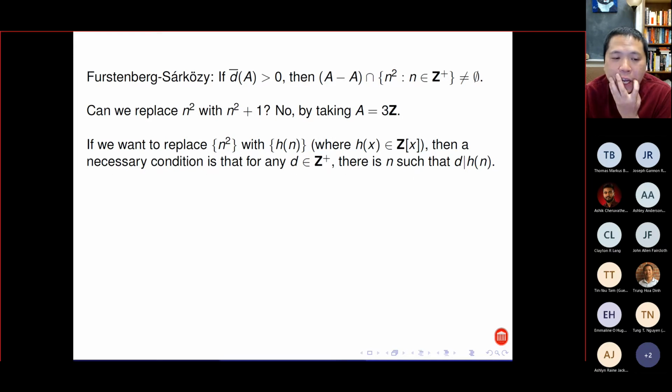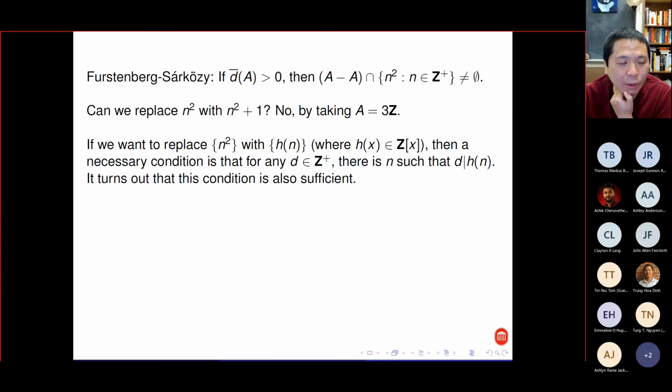This is clearly a necessary condition to avoid this kind of counterexample. And what's quite surprising is that this condition is also sufficient. So instead of n squared, you can put any polynomial you like with this property that for any d, you can find a value of the polynomial which is divisible by d.